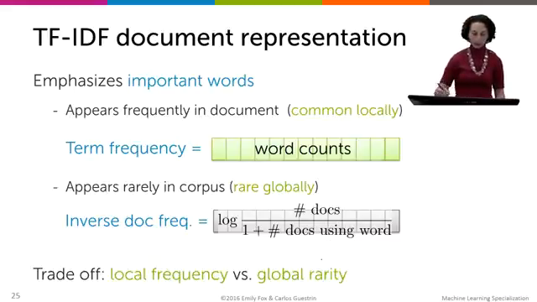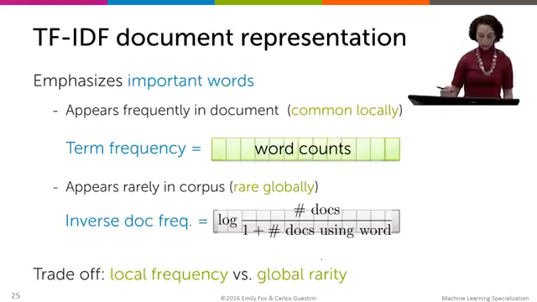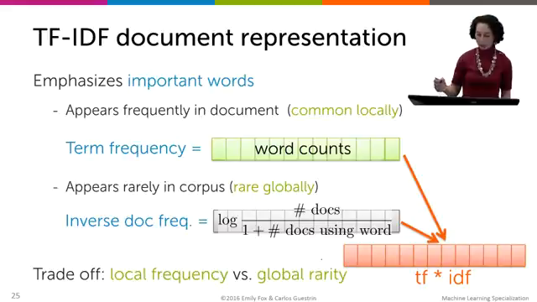So we have these two terms, and we are faced with this trade-off between local frequency and global rarity. What term frequency inverse document frequency does is it simply multiplies these two vectors together to get our TF-IDF representation.